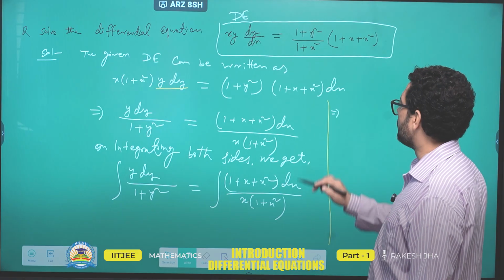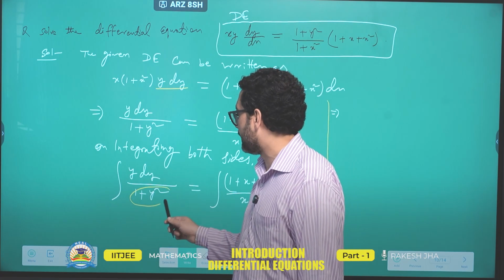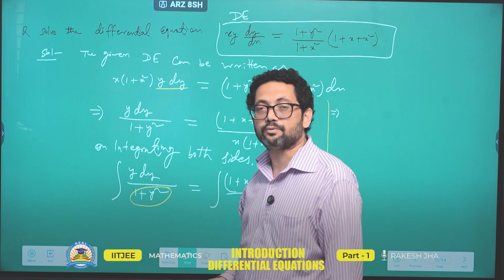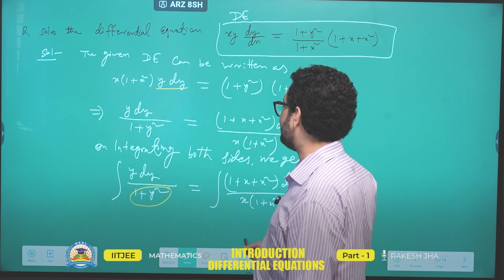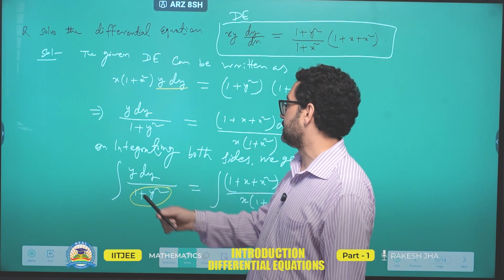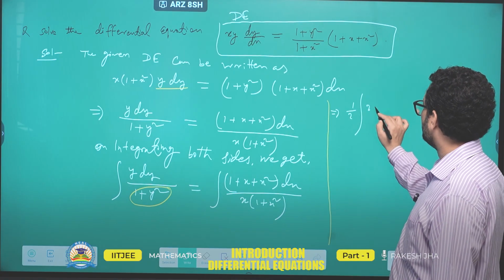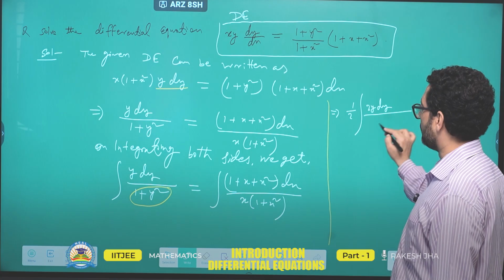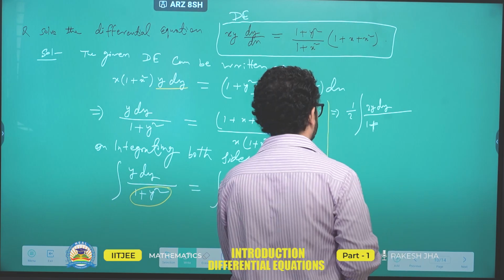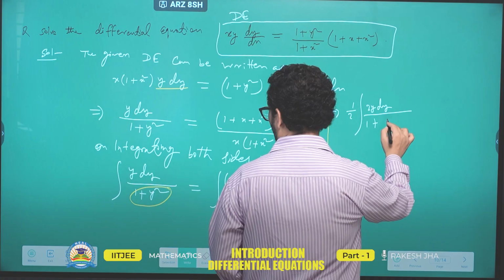So for this we can do one thing. If we go for the method of substitution, 1 plus y square, if we go for differentiation of this, 1 being constant gives 0, y square gives 2y. So 2y dy, so only y dy is there. So on the left side we can write it this way, half times 2y dy upon 1 plus y square.